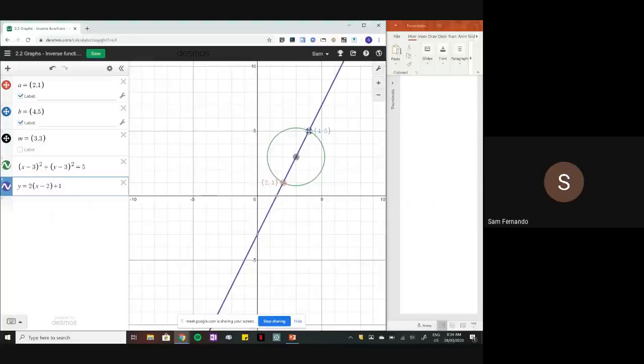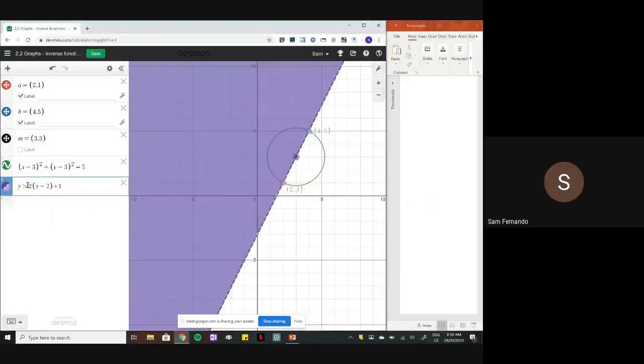So that is a line between those 2 points, but we only want the top half of this curve. So if we change this line here to an inequality, this purple shaded region is where y is greater than that line, which is exactly the curve we want.